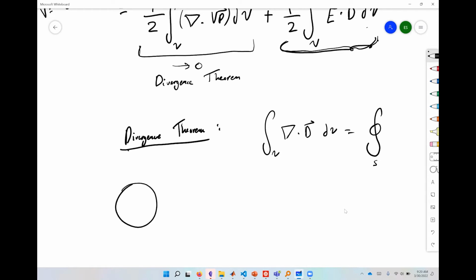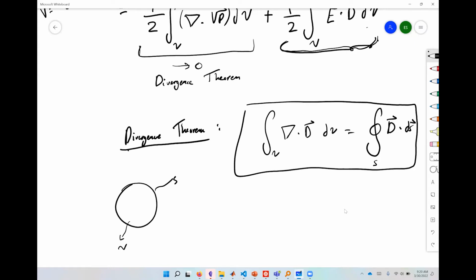So I have this volume V, and then I have the surface boundary of it. I integrate over the boundary enclosing the volume, D dot ds. So this is what the divergence theorem states.